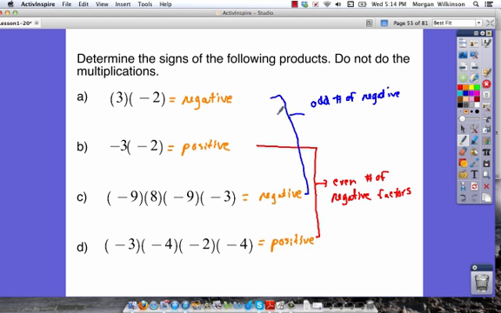And we'll look at that really quickly after I get this written down. So, 1 negative, that's odd, so it must be a negative. 2 negative factors, that's even, so it must be positive. 3 must be negative. 4, that's an even number, so it must be positive. And we've got the rule that we can always follow for this type of problem.